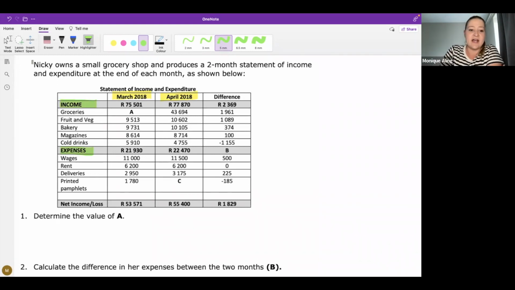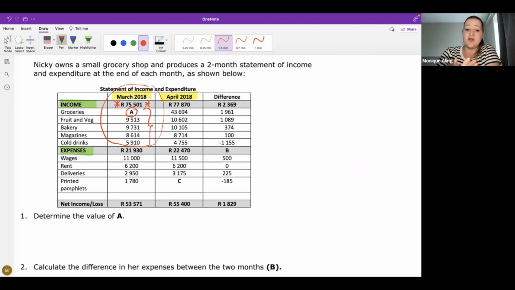Okay, so the first thing we had to work out was A. And if we look at this block just in general, we can see that they've given us a total for income at the top here. So that means all of these amounts within this block must equal our total at the top there.